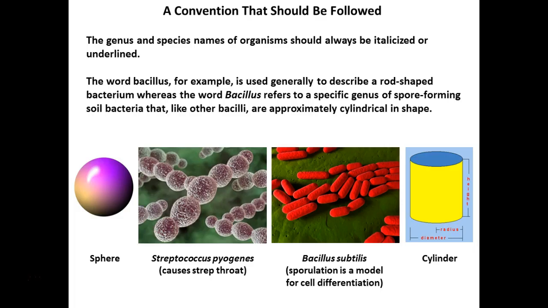But you should keep that in mind, as you're writing the genus and species names of the organisms on the final exam, you should underline them. We only had two choices: cocci, spheres, or bacillus, which is rod-shaped. And again, that's where italicizing is going to help out, because are you talking about the genus Bacillus, or are you talking about the shape bacillus?